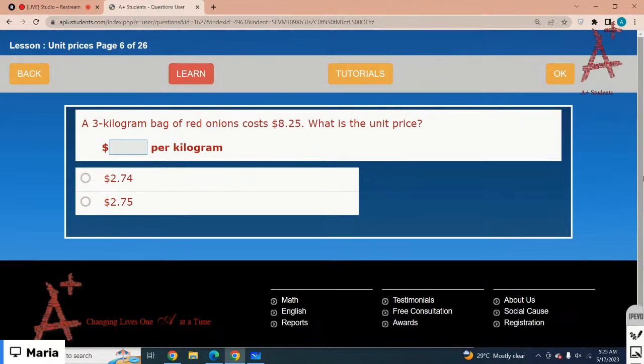You have to divide 8.25 by 3. Got it? Because you need to calculate the price of 1 kg. So it would be 2.75. That means 1 kg of onions costs $2.75. Got it?